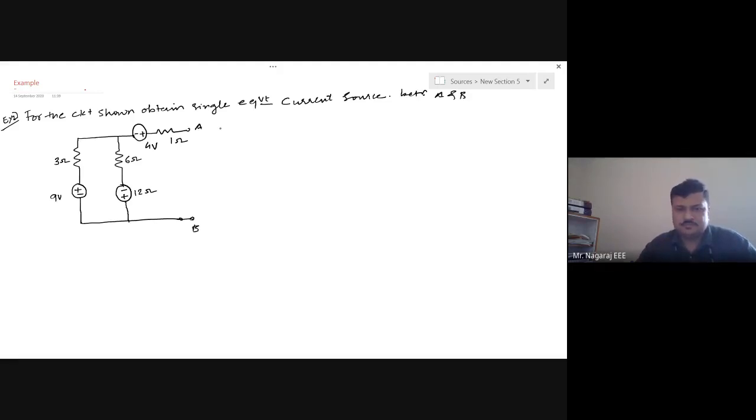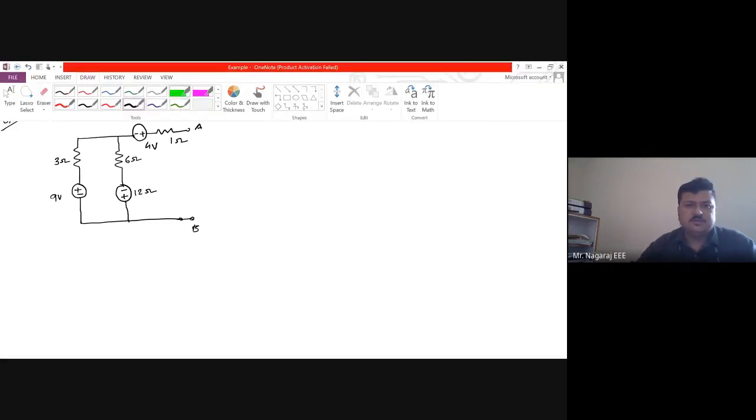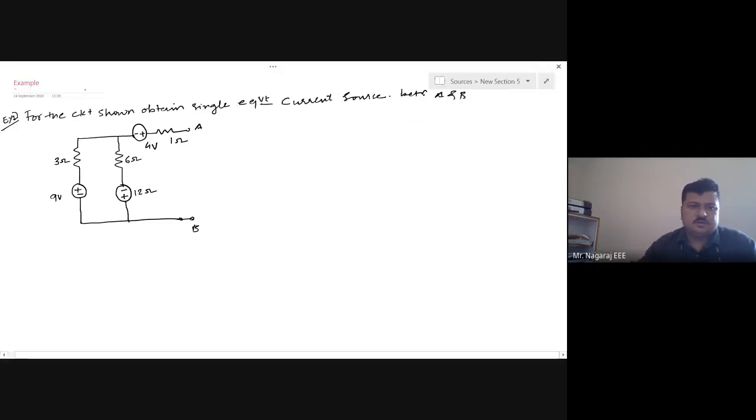Now again you observe this combination. I have 2 voltage sources in parallel. Now what should I do? Can I directly get the equivalent value of these 2 sources? As per the rule, what should I do?